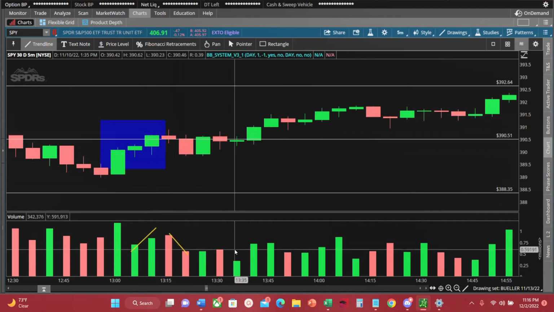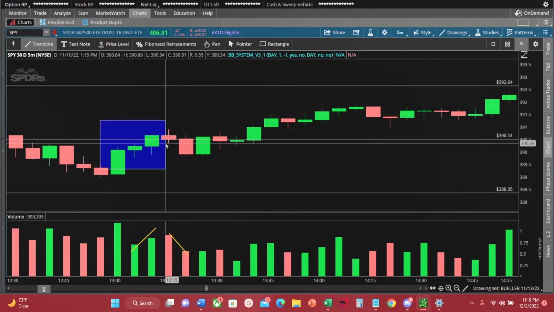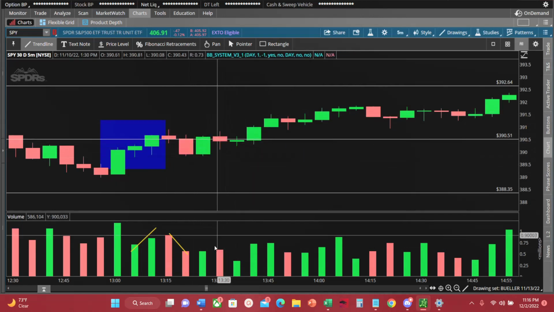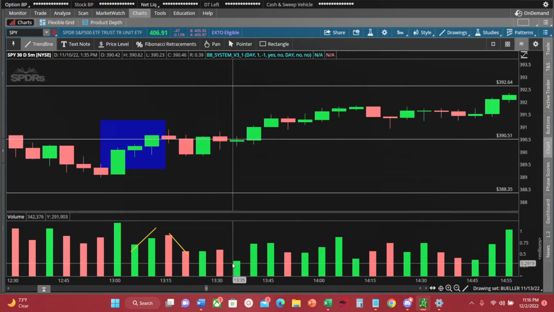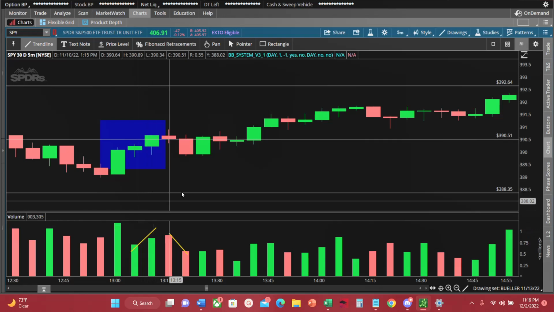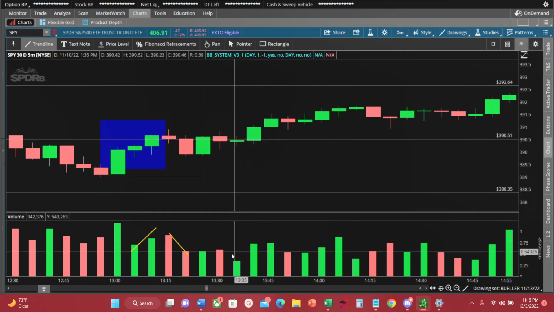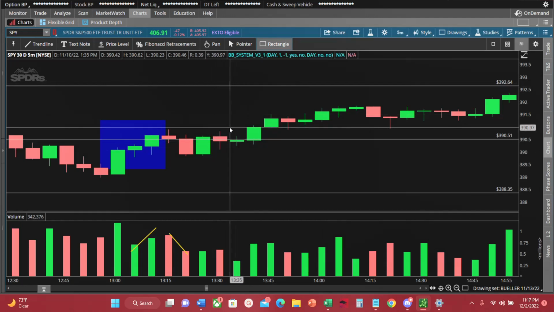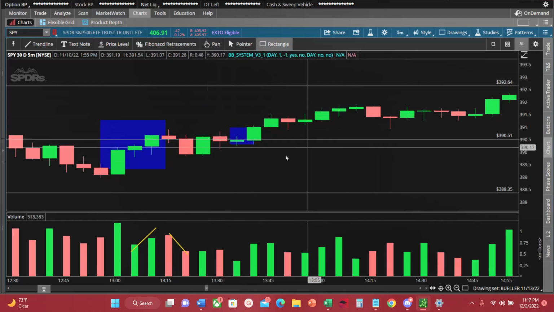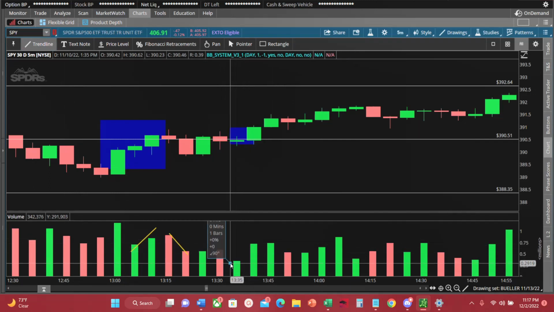So we get a little consolidating here around the area. Here is the candle that matters. It's that reset candle to start the next movement up. So this is where you should probably get in if you want to go for that retest. Much less aggressive entry. Get that increasing volume.